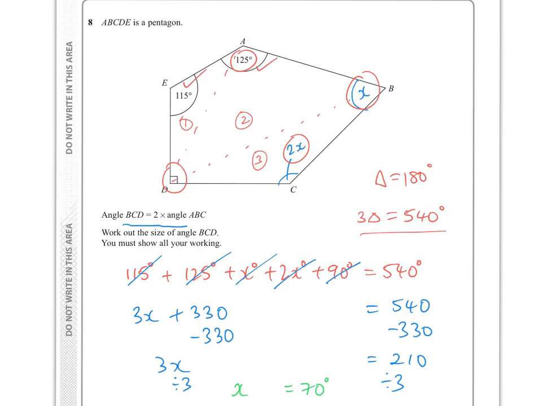So work out the size of angle BCD. Well, we know that this angle is 70 because we've just shown that. And we know that this one is twice the angle because it's given that in the question. So we know that, therefore, angle BCD is going to be equal to 140 degrees.